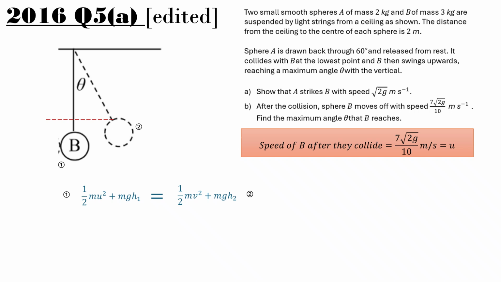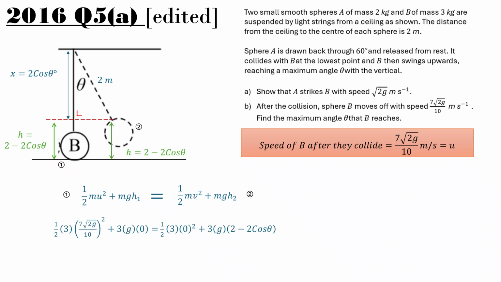So we're going to use the same trigonometric idea that we did in the last one, create our triangle. This is 2 meters. So this is 2 cos theta. Then this part down here is going to be 2, the length of the string, minus 2 cos theta. So that gives us our height here. It's not very nice looking, I know, but we're still going to be able to utilize it.